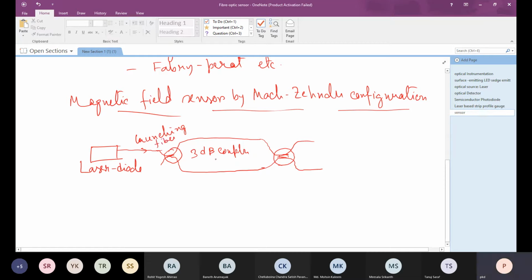We have a launching fiber at this place, which can be a single mode fiber, and then we have a reference arm and a sensing arm.